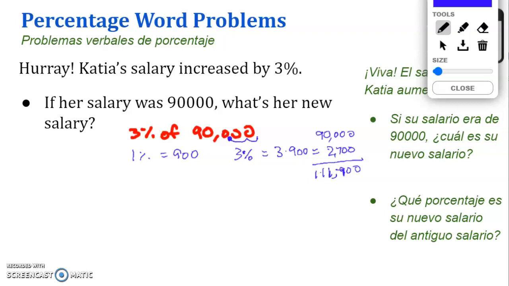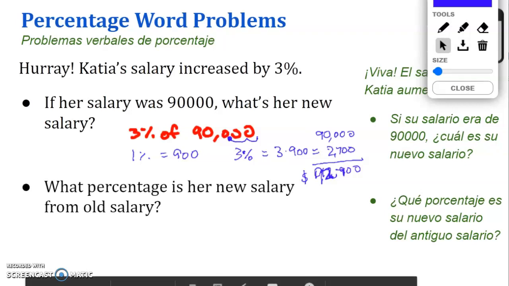Oh, I'm sorry, that's $92,700. So her new salary is $92,700.